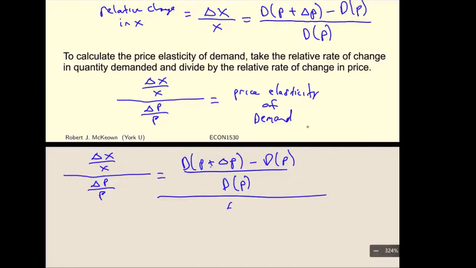And that whole thing is going to be divided by the change in price divided by P, where of course this is equal to the relative change in price.